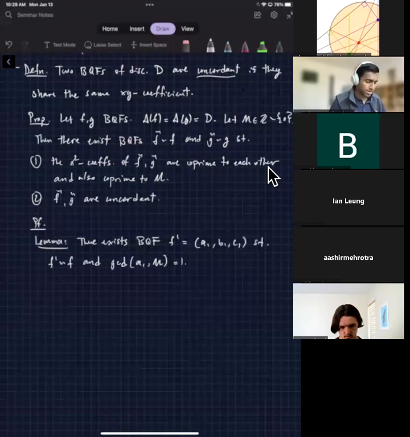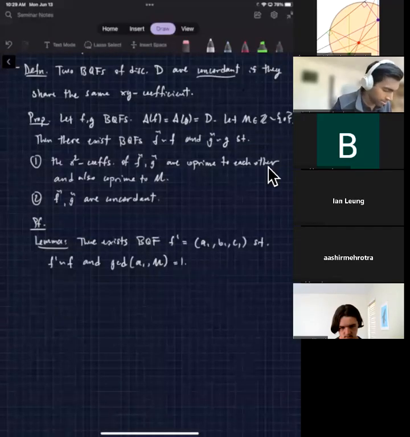Okay, so we're just focusing on the first BQF F here. We're going to arrange for an equivalent form F prime such that the GCD of A1 with M is equal to 1.